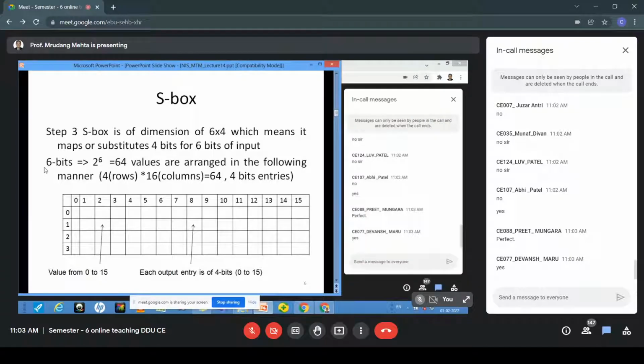So bit 1 and bit 6 define one of the 4 rows. There are 2 bits: 0 0, 0 1, 1 0, 1 1. So there are 4 values, 0, 1, 2 and 3. Is that clear?